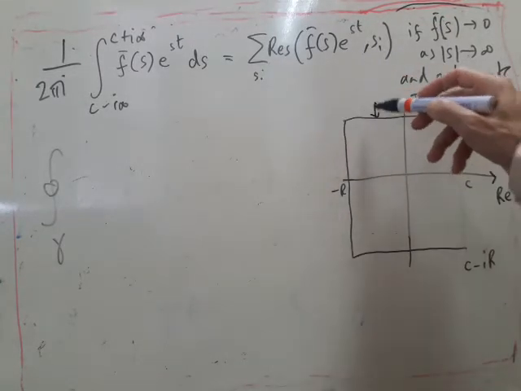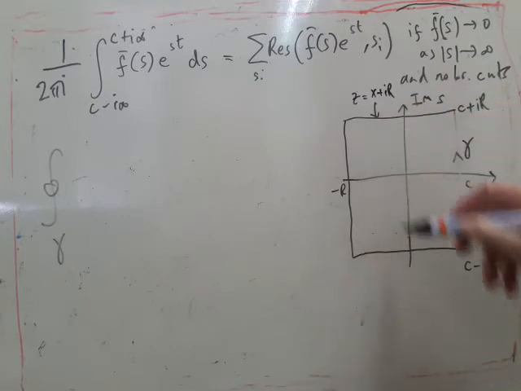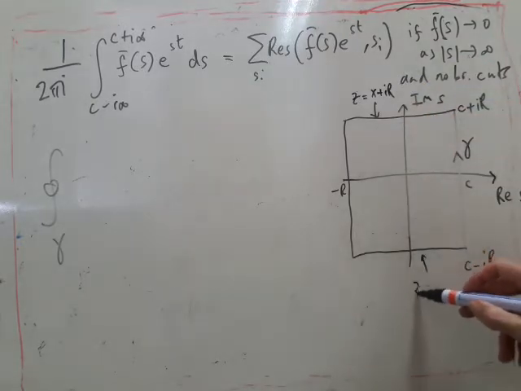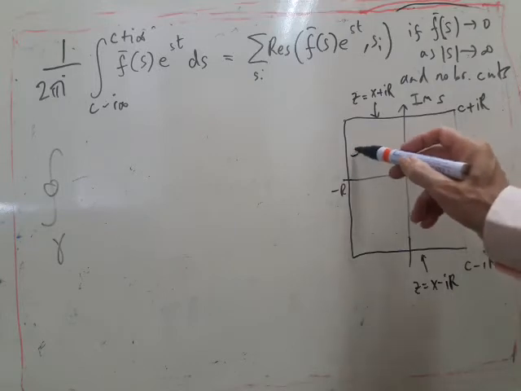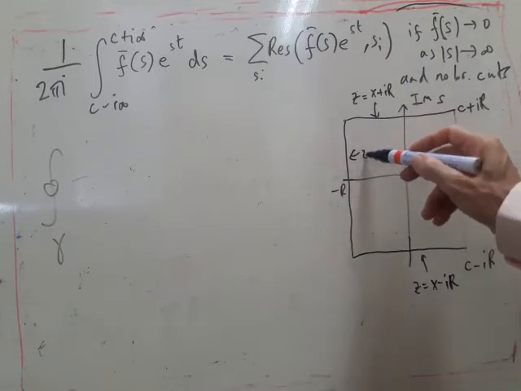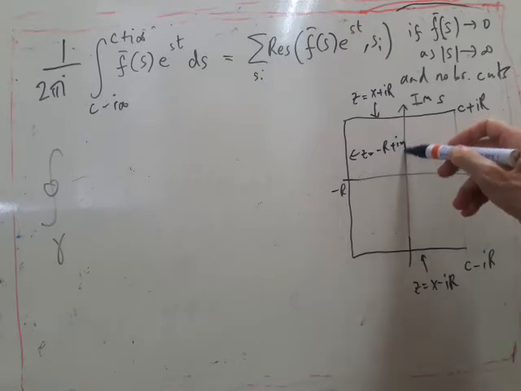Anyway, along here we've got z equals x plus IR. Along here we've got z equals x minus IR, and along here we've got z equals minus R plus IY.